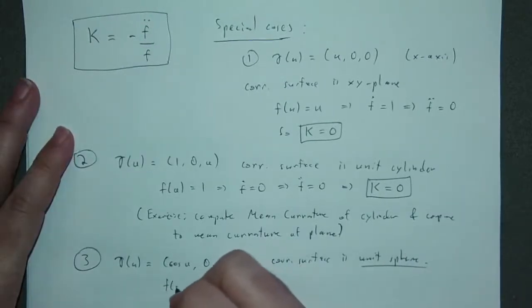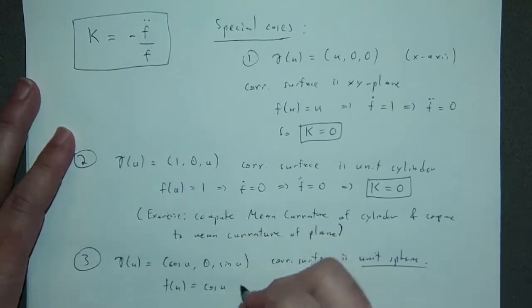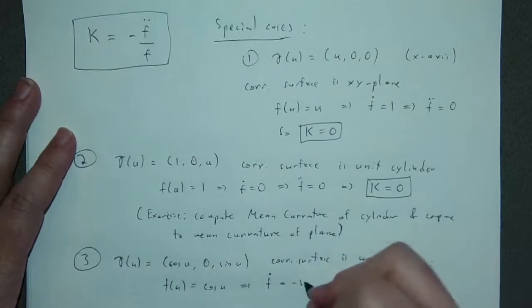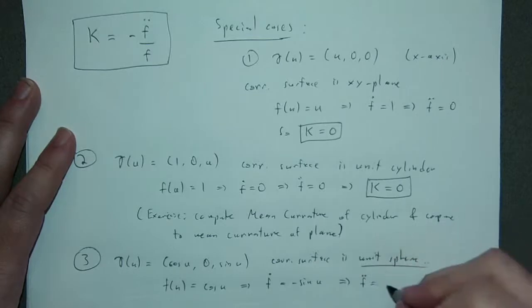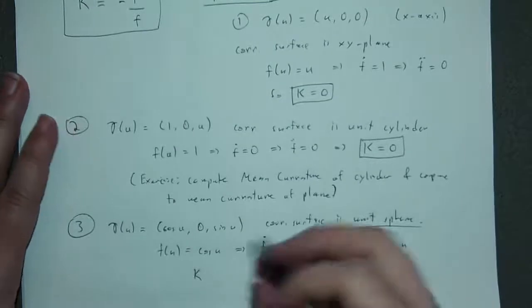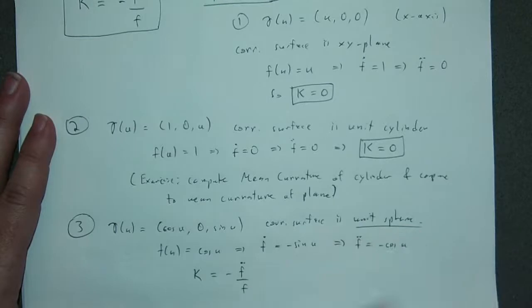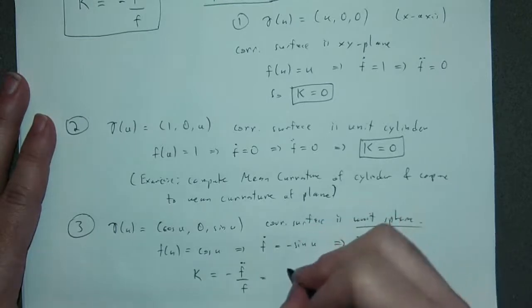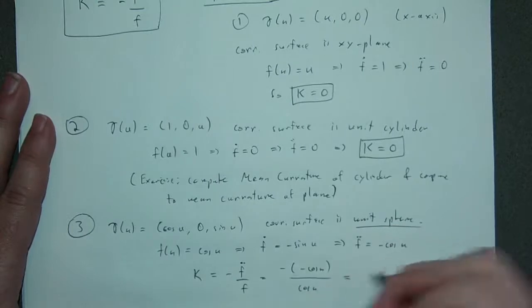F of u is cosine u. So, of course, f dot is minus sine u, and so f double dot is minus cosine u. So the Gaussian curvature, which is minus f double dot over f, is minus minus cosine u over cosine u, which is 1.